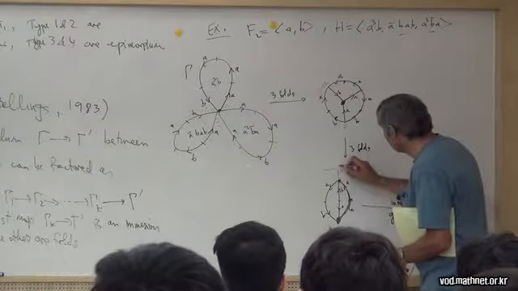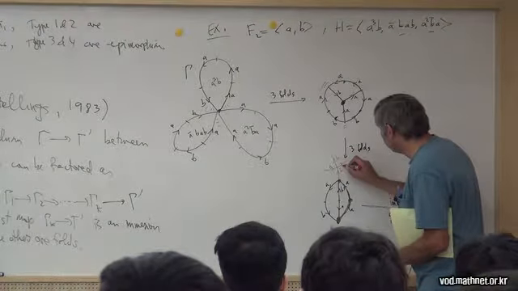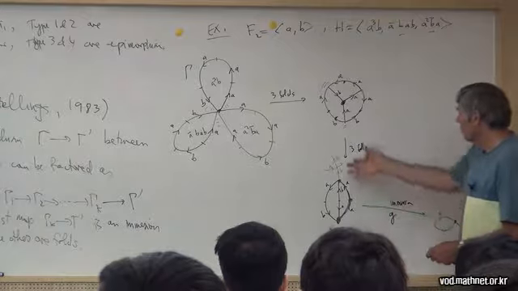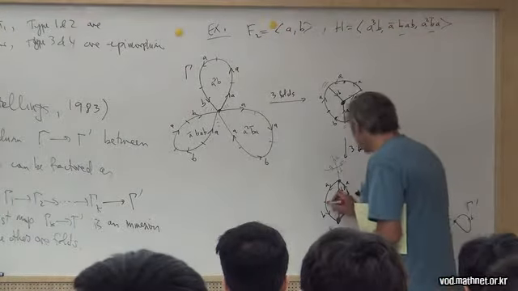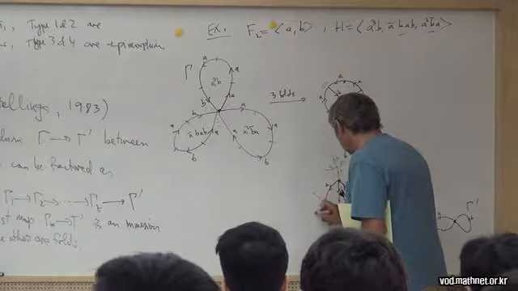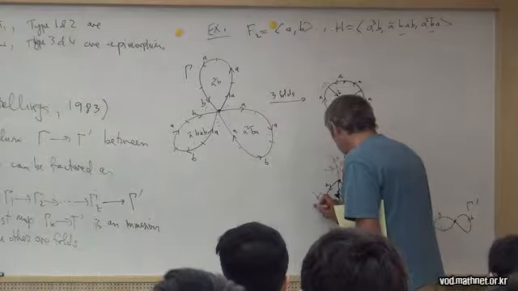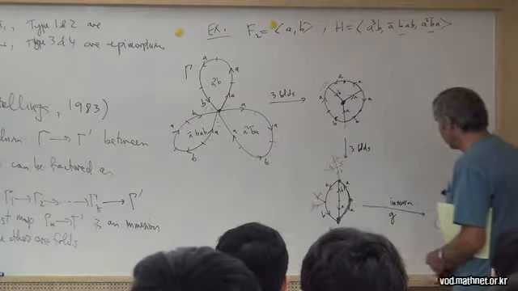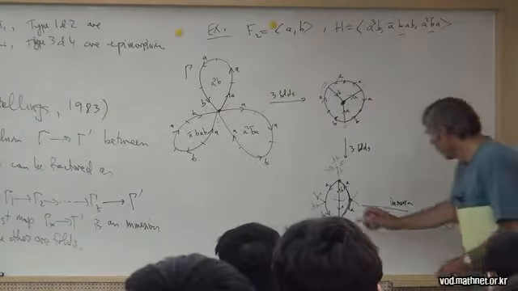And then from here on, it's like constructing the universal cover. At every vertex you'll have two B's and two A's, one incoming, one outgoing. Here you'll need 2 edges, an A and a B, and so on. So you have 2 here, 1 here.